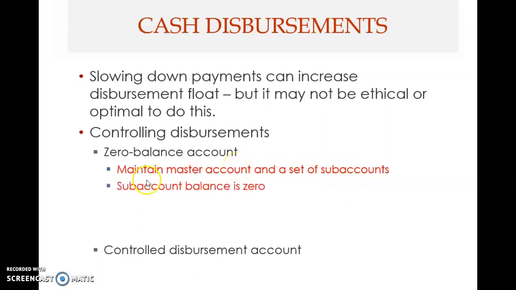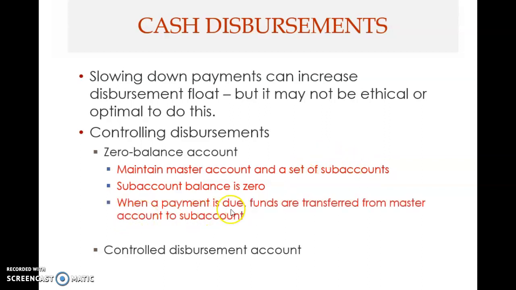The master account will be the major account where you earn interest. The sub-accounts are usually accounts to make payments when the payments become due. So the sub-account balance is maintained at zero or close to zero most of the time. And these are non-interest bearing accounts. You don't earn interest in the sub-accounts.